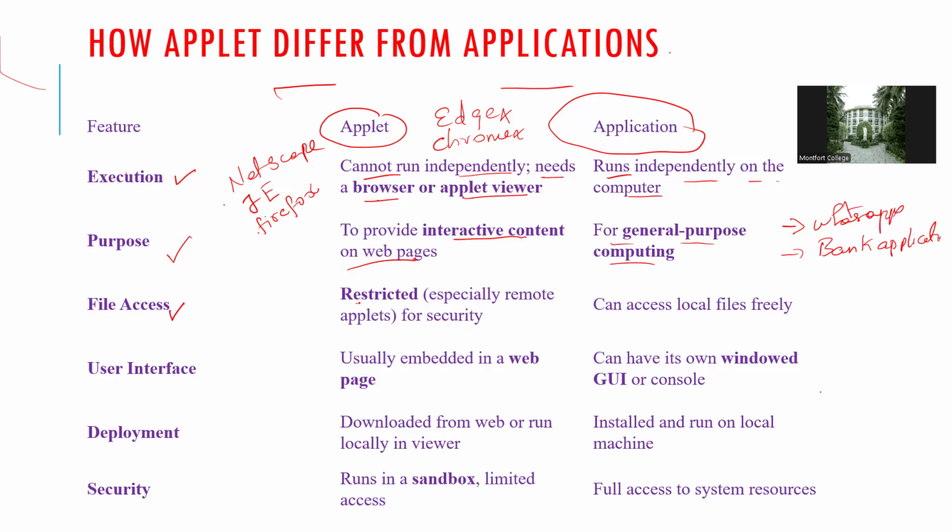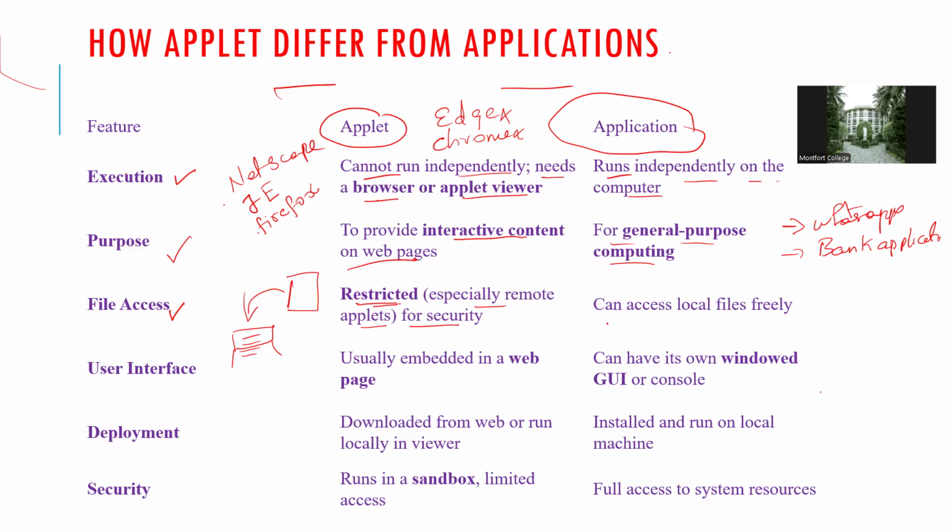Coming to file access: restricted for security reasons, especially for remote applets. In the previous slide I explained what remote applets are. A remote applet is somewhere on the server and we access it in our system. When you are accessing it, it should not make any modification in your system. What data we have in our system, photos, videos, audio, it should not alter or take anything, so that it is restricted.